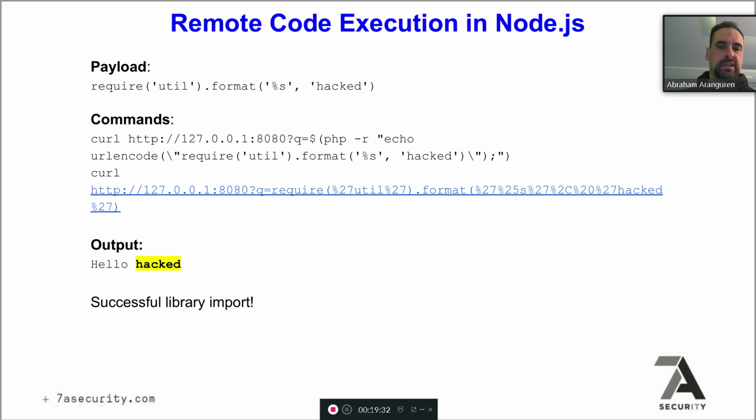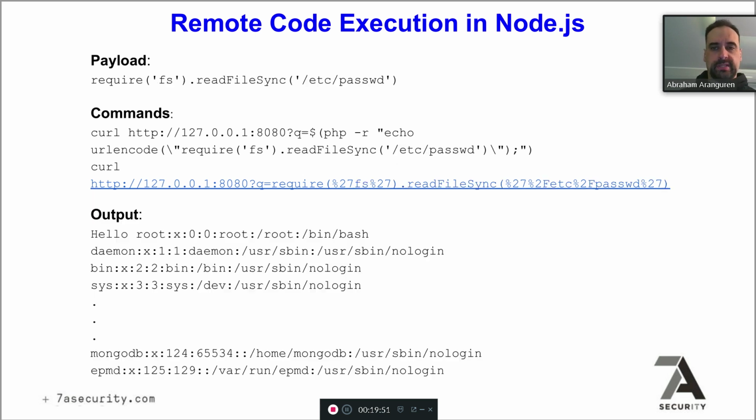The URL encoded version looks like this, and you can also click on this from the slides. Then we get the result "hello hacked" instead of any error message. This means we were successful in loading the util module, so we successfully imported this library.